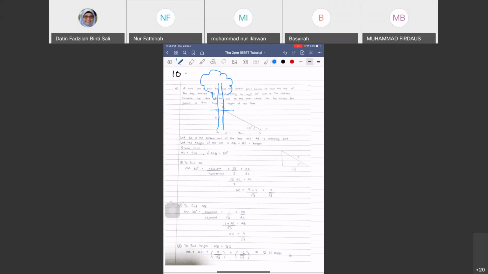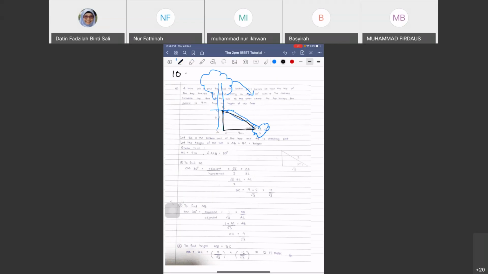So this part of the tree falls down. It fell, and then it bends. So here it mentioned the broken part bends so that the top of the tree touches the ground. So basically, then you have something like that. So this is the triangle that you have.